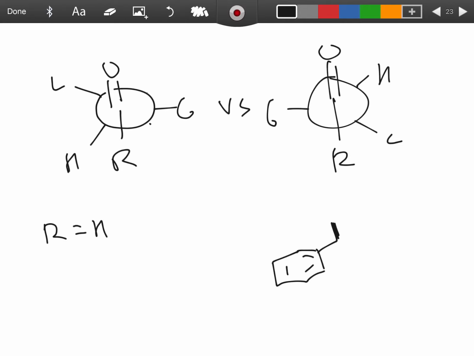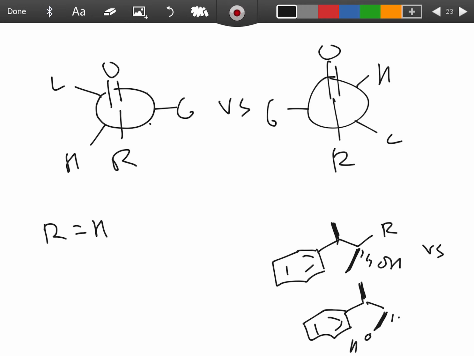Right, I can just show you, but sorry, I'll draw it. So when R is H, you get 72 to 28, right? So not a huge difference when you're adding that methyl group.